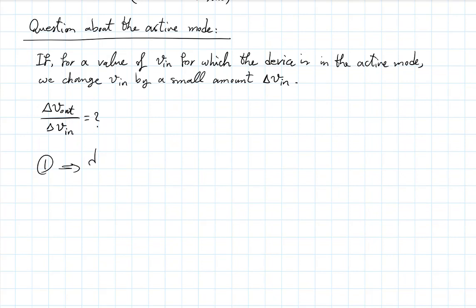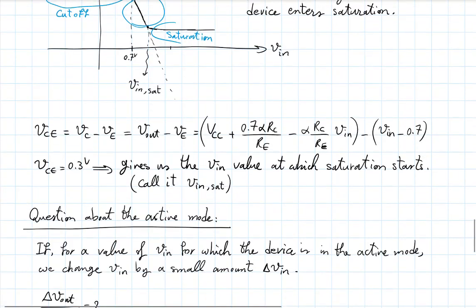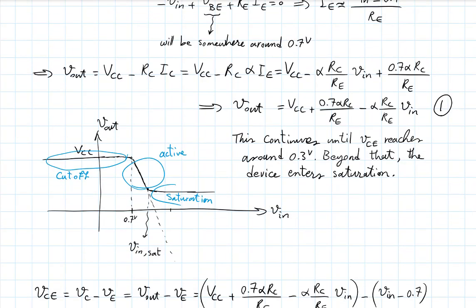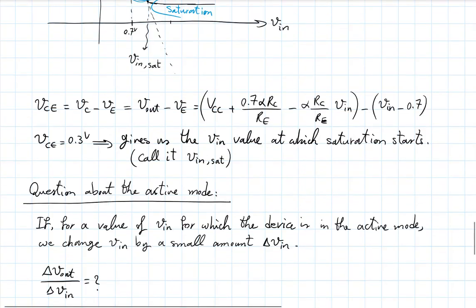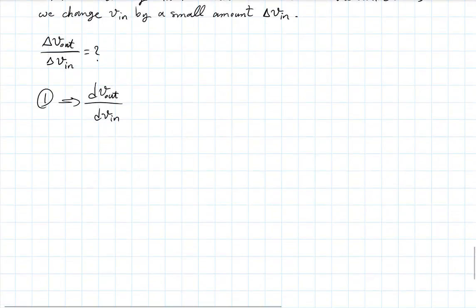If you take dV out by dV in, which is really what that thing is, small deltas and the ratio of them, if you look at that equation, it's minus alpha RC over RE. And alpha being almost 1 is almost minus RC over RE.